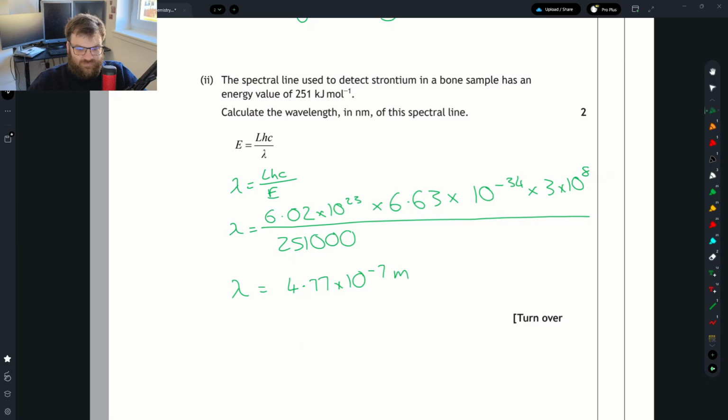That would be 4.77 times 10 to the minus 7 meters. Because the question wants it in nanometers, we need to multiply by 10 to the power of 9. That will give you 477 nanometers as your answer.